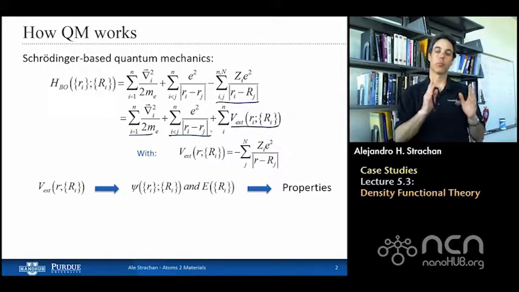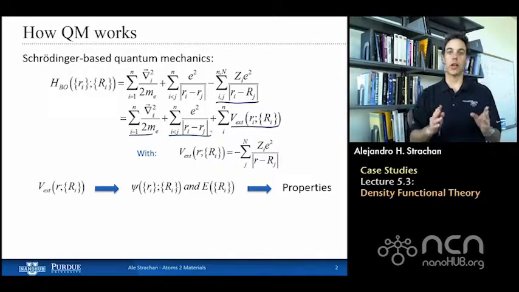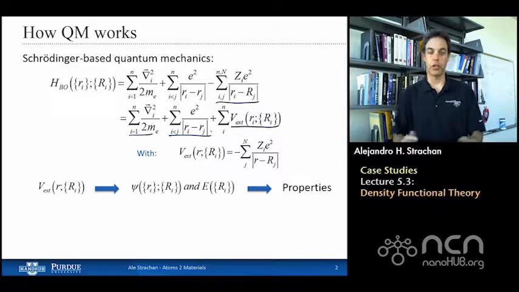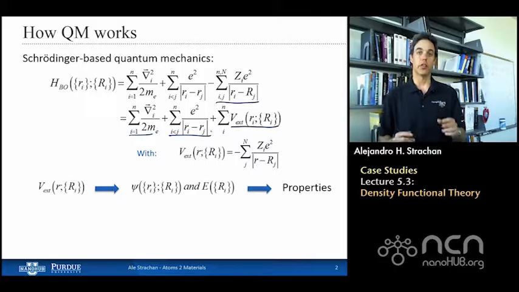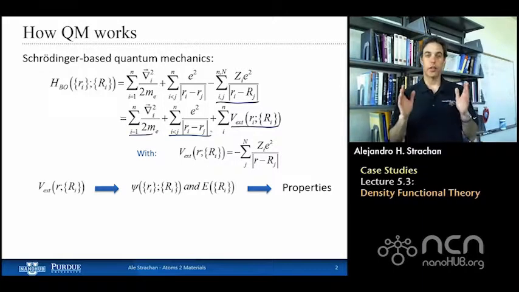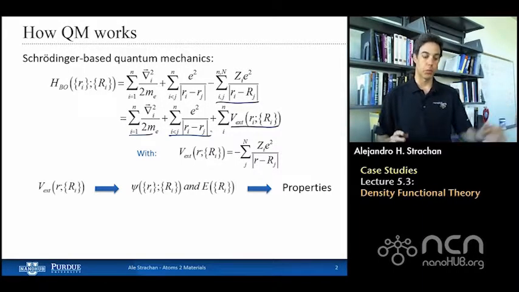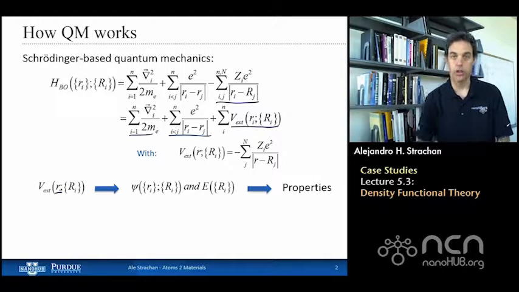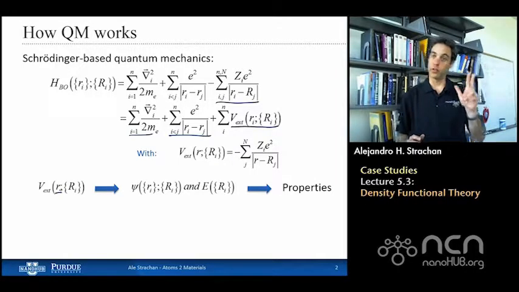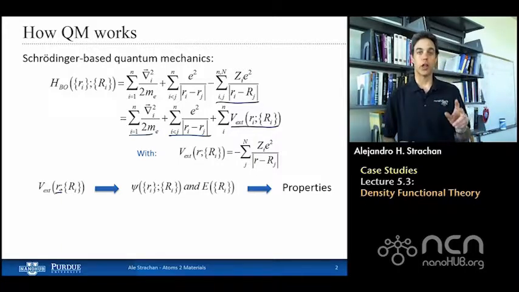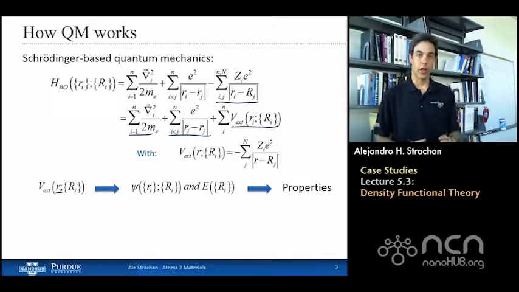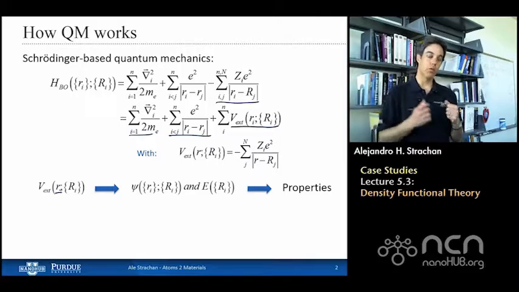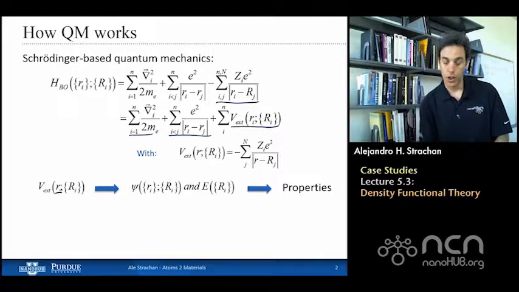So the way quantum mechanics, the way we've been using it, works is that I start with a 3-dimensional potential, a potential that's a function of r, the electronic position, that lives in 3D. From that potential, I build my Hamiltonian, and when I solve my Hamiltonian, I obtain my wave function and my energy.